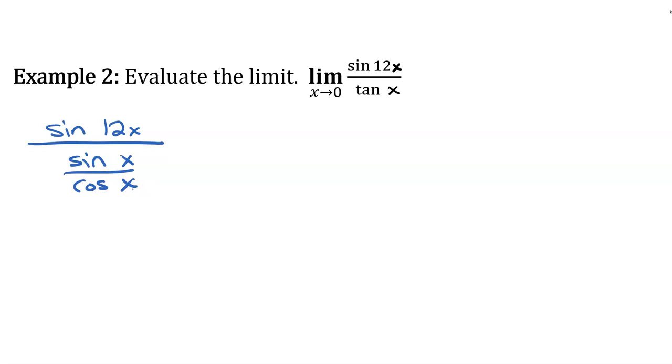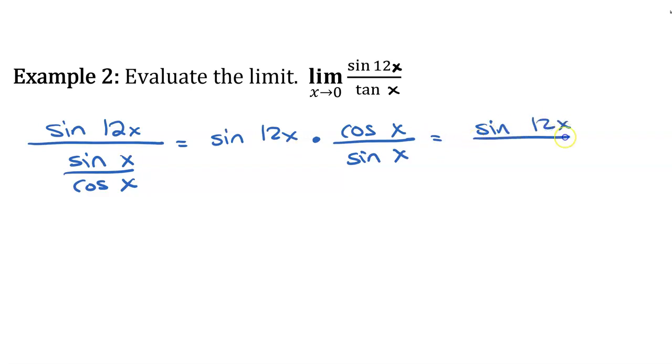All right, so to divide fractions, we keep the first fraction exactly the way it is, we change to multiplication, and then we flip the second fraction. Take a look: sine 12x over sine of x times cosine x.